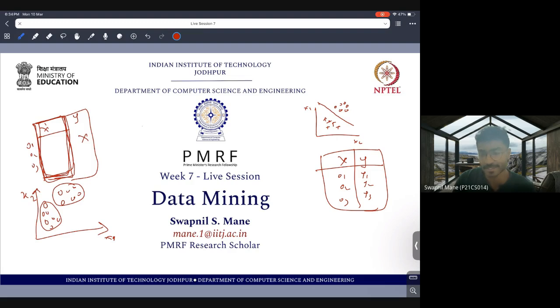Let's take a similar example in this context. You have different vehicles, so we have vehicle data, right? In the vehicle data, the X represents multiple attributes of the vehicle: attributes X1, X2, X3, X4, and so on, up to Xn.